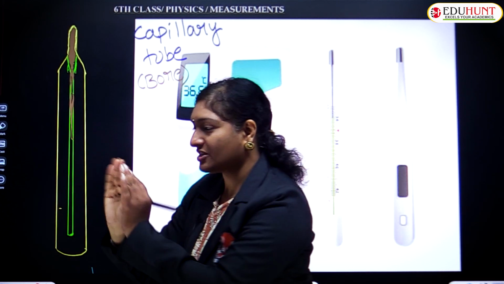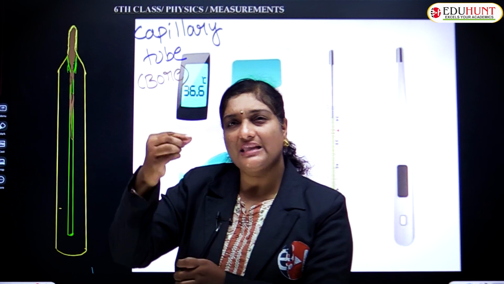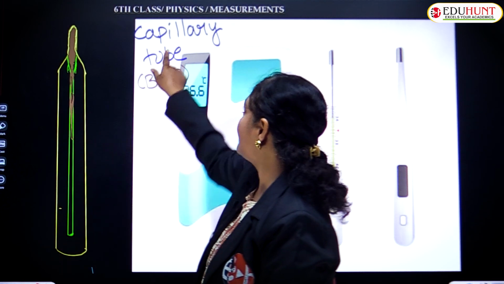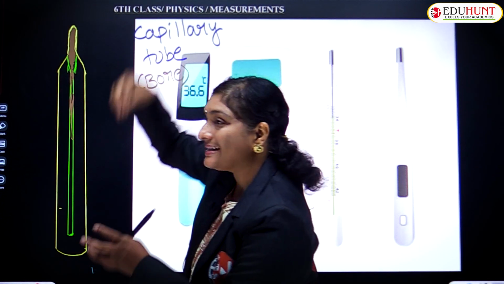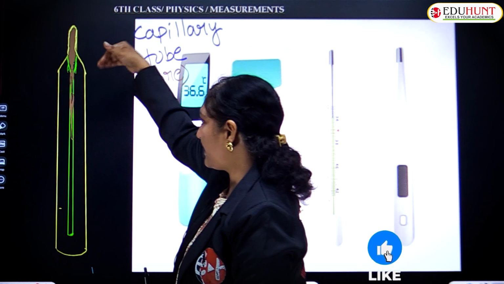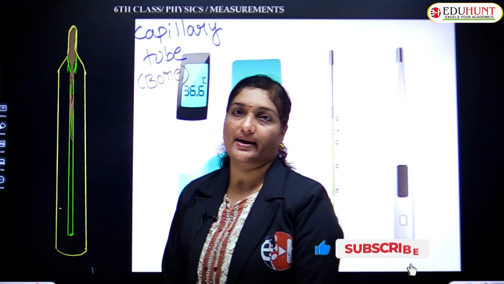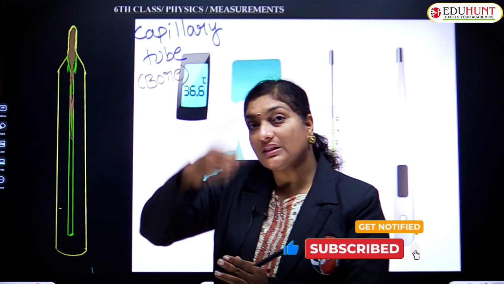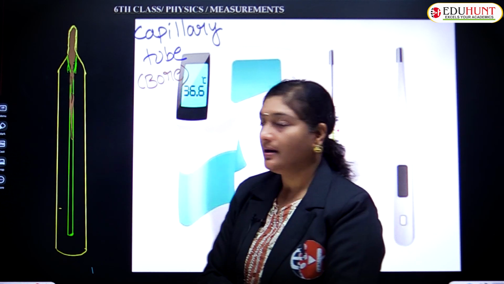The protection, the shielding, is made up of very thin glass tube. This green color is a glass tube called a capillary tube. Inside that evacuated chamber, called the bore, the mercury starts expanding. Shielding and protecting it, one more thick glass is there.